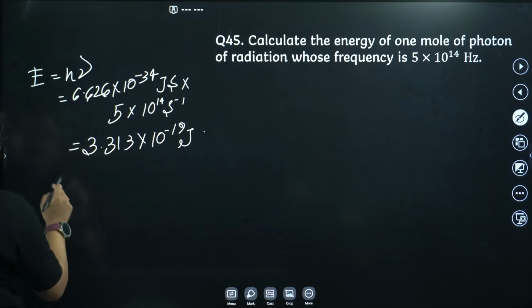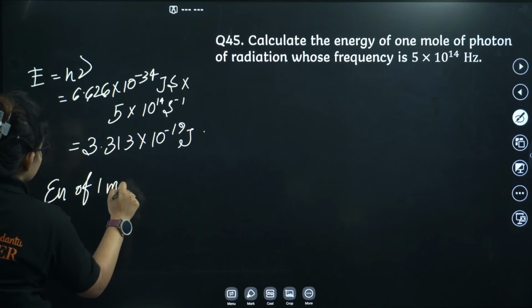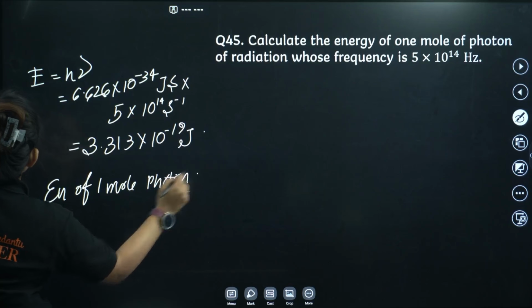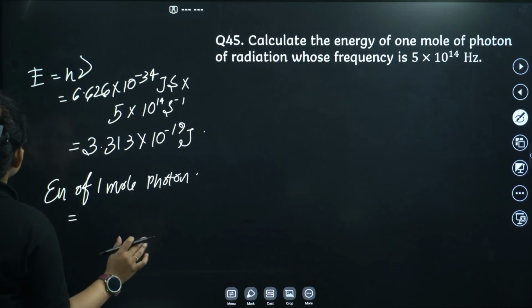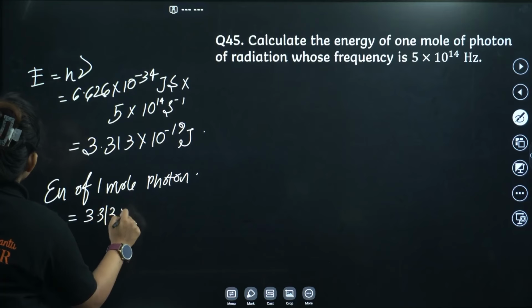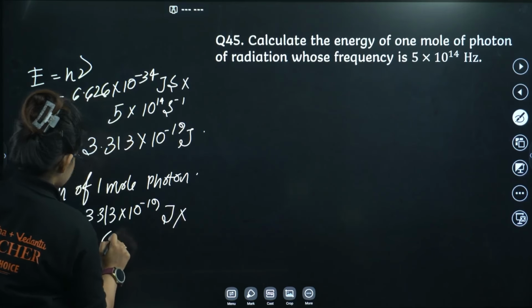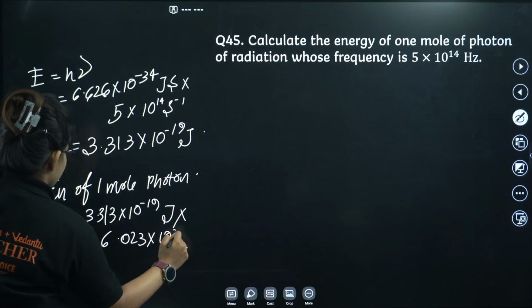Now we have to calculate the energy of 1 mole of photon. So just multiply this with 1 mole. 1 mole means Avogadro number. So 3.313 into 10 power minus 19 joule into 6.023 into 10 power 23.